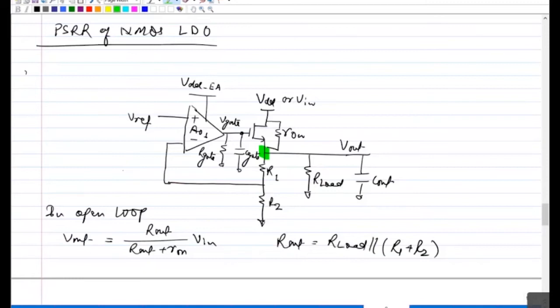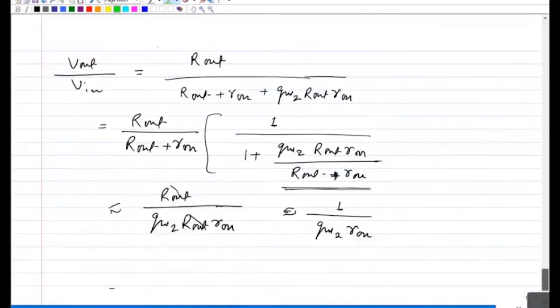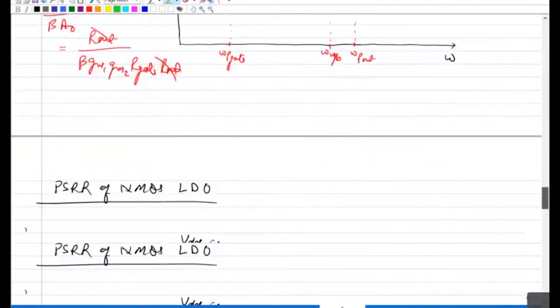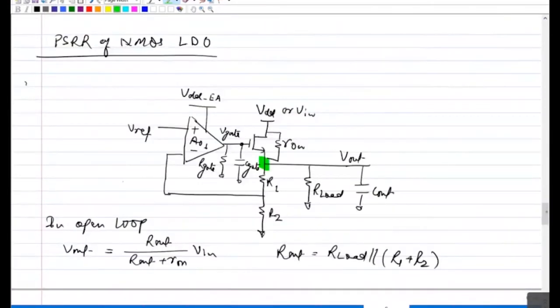One, whatever Vin is appearing, the only portion that can appear at the output is through this resistor divider, and then that will further get suppressed by your NMOS inherent gain, which is GM R out. And that's why in the worst case, when all the signal is appearing, in what case will all the signal appear at the output?